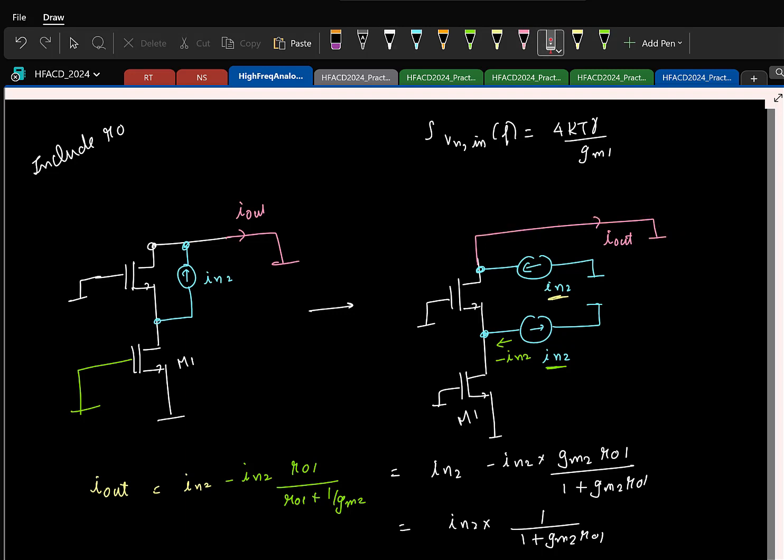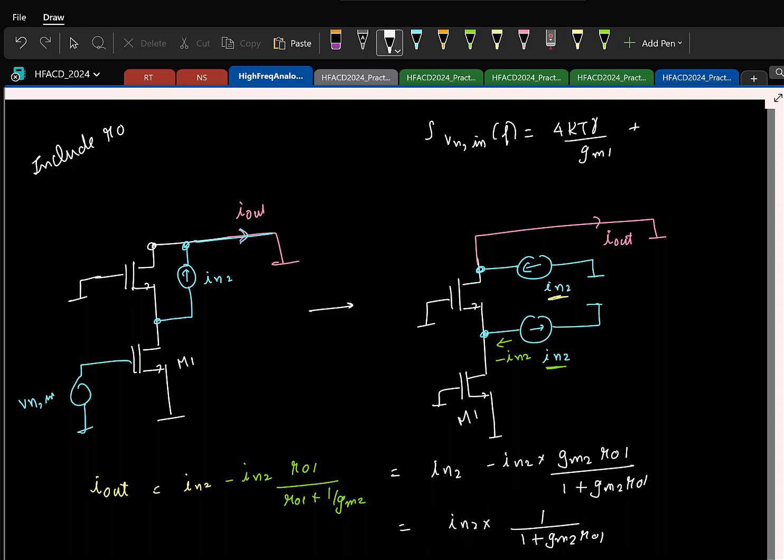Now if I find the transfer function from the input voltage to the output current, what is that? If I apply Vn,in here, we have to find the transfer function from Vn,in to the output noise current. What is that? gm1. So to find the input referred noise due to the second transistor, I know the current, I have to divide it by gm1, right?